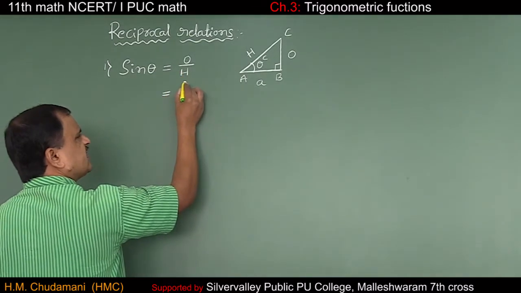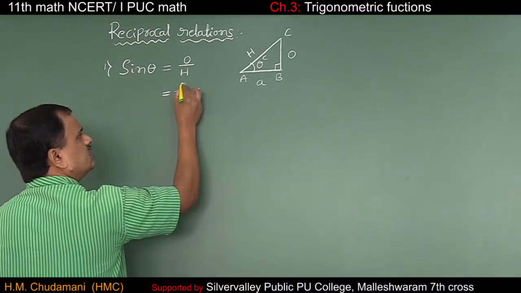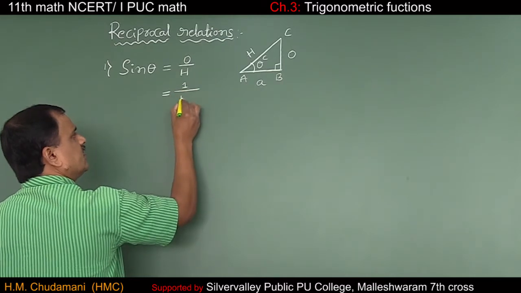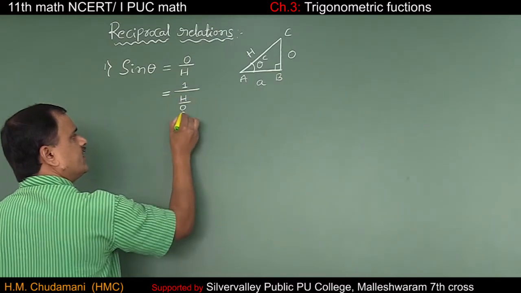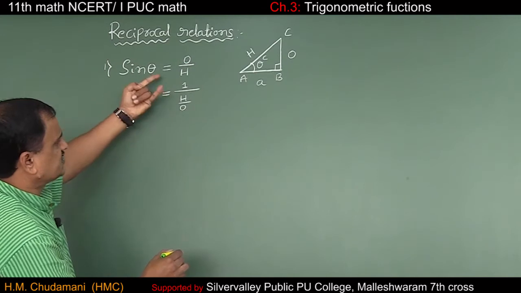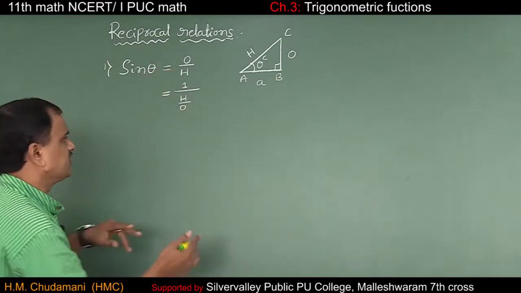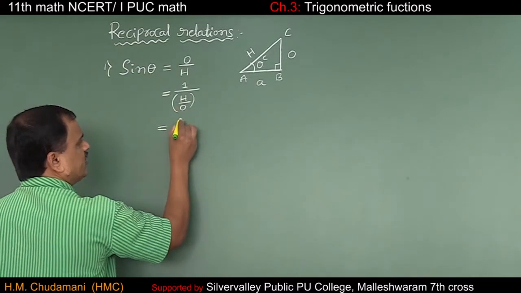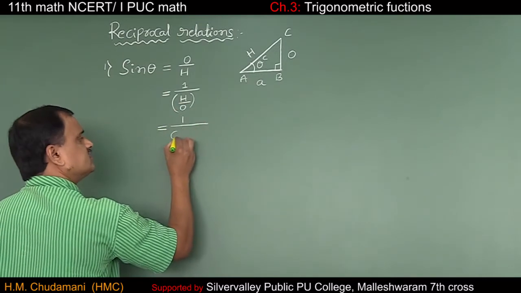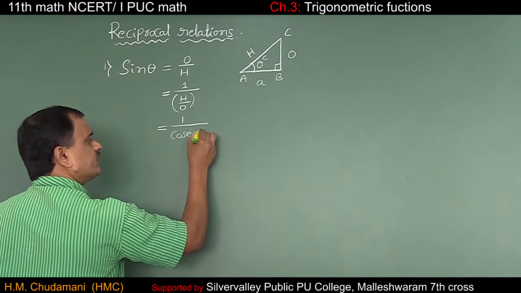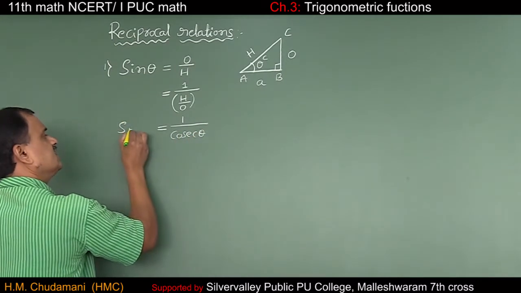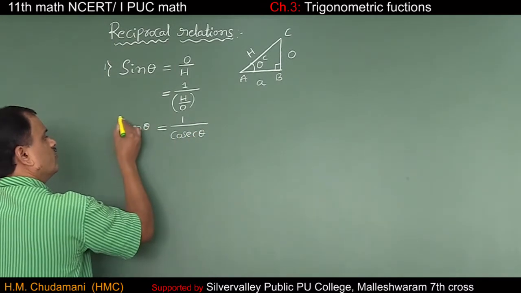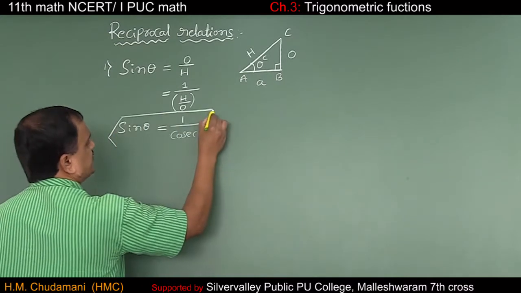I can write this as 1 divided by hypotenuse divided by opposite. This gets reciprocal, opposite by hypotenuse only. What is actually hypotenuse divided by opposite? Cosecant theta. So therefore, sin theta is equal to 1 divided by cosecant theta.